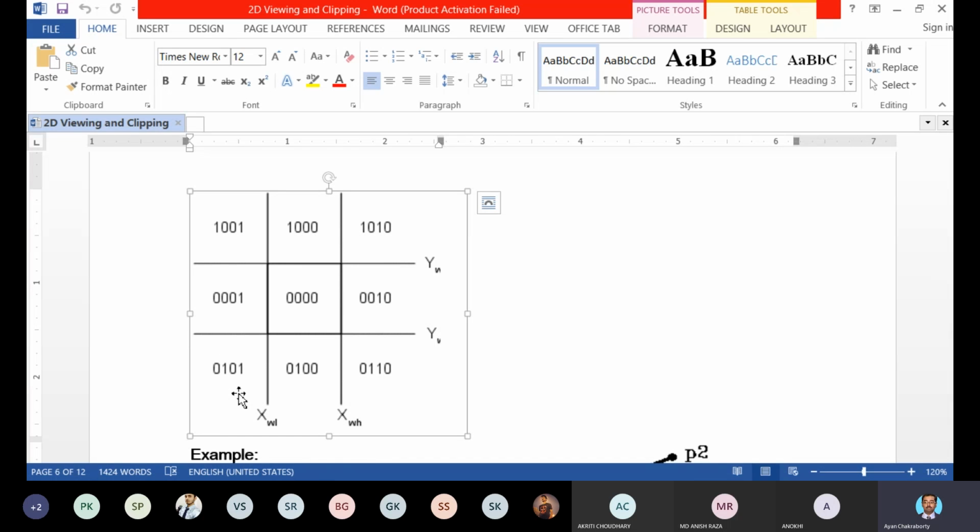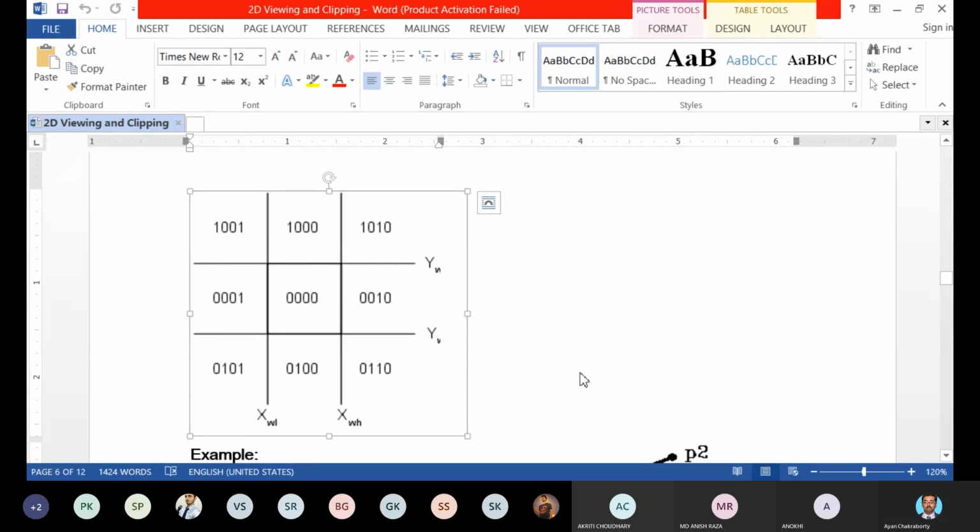So we have divided the total window area into 9 regions: central region, north, south, east, west regions, and northeast, northwest, southeast, southwest regions. And every region has been assigned a 4-bit region code.